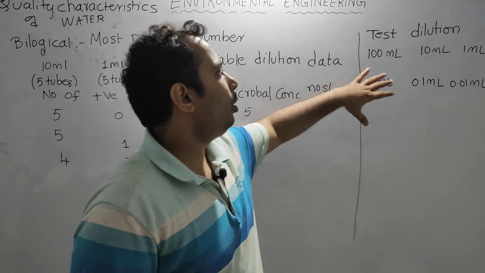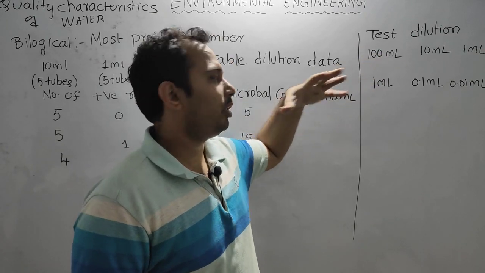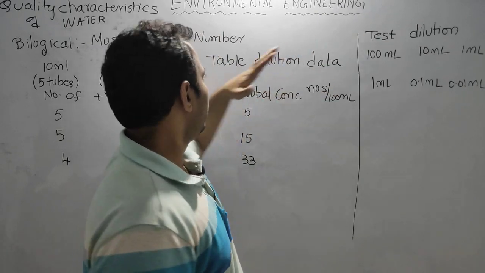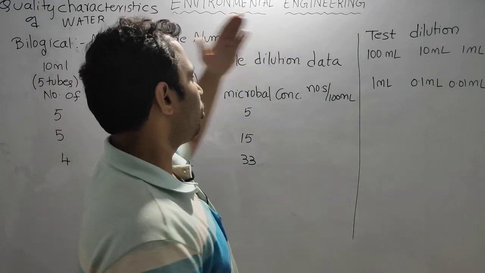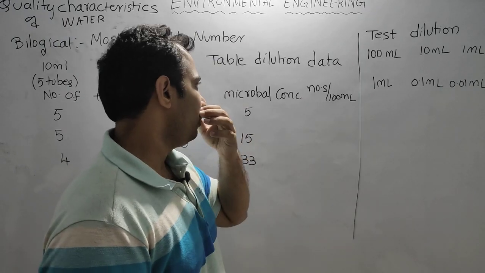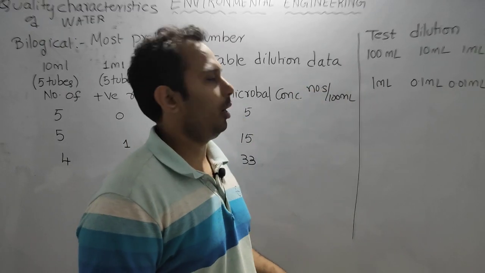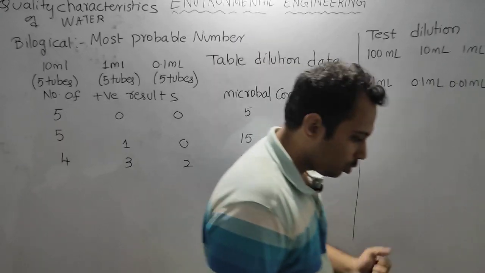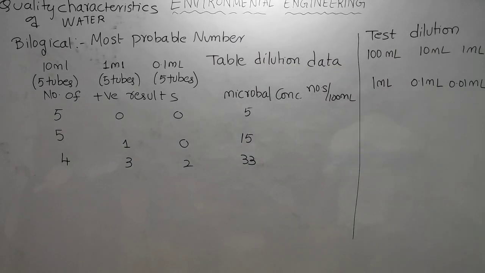Depending on the availability of apparatus, you can take a test dilution equal to this, or more than this, or less than this. We can take anything. But how to correlate the data?